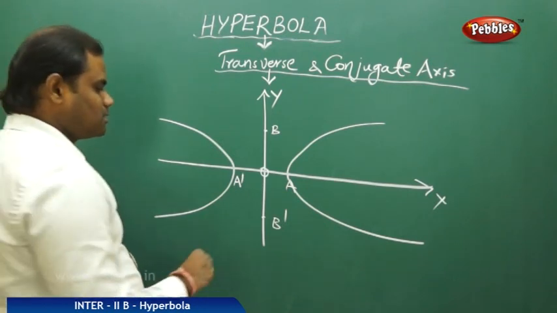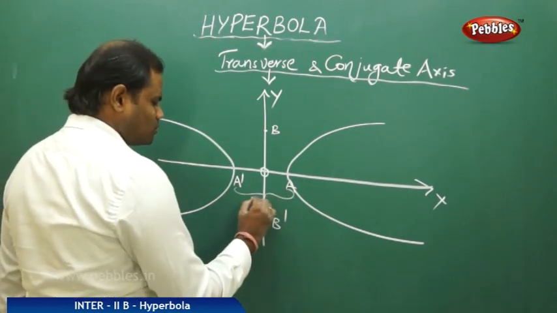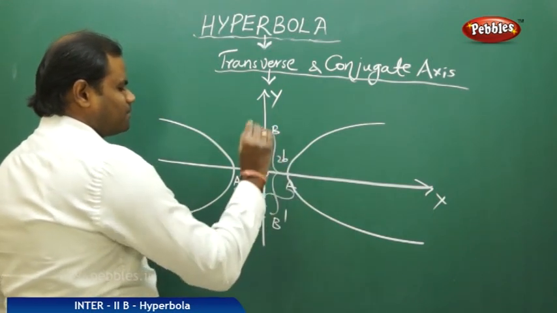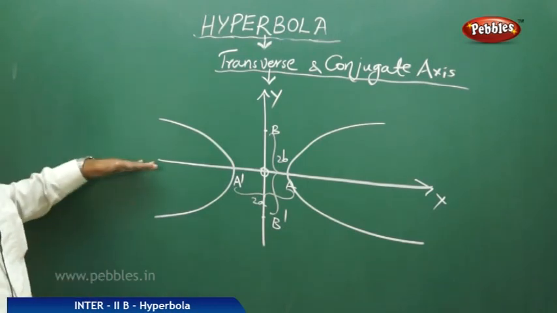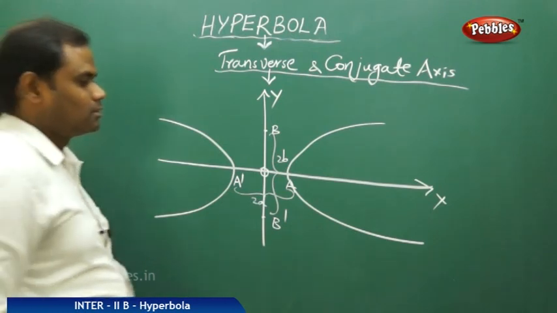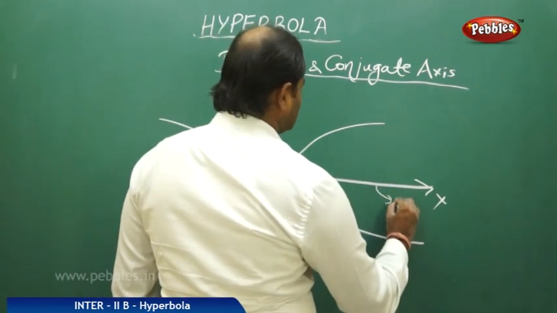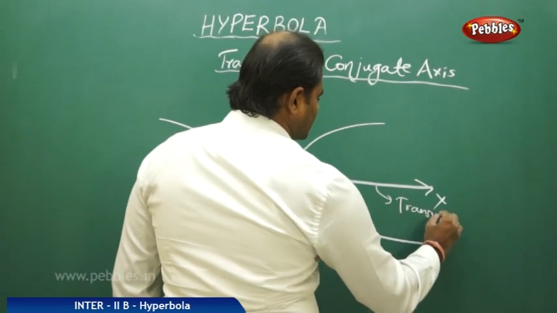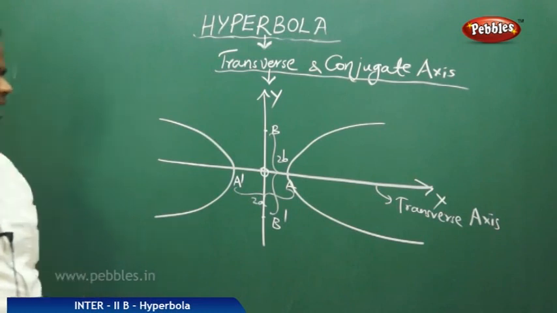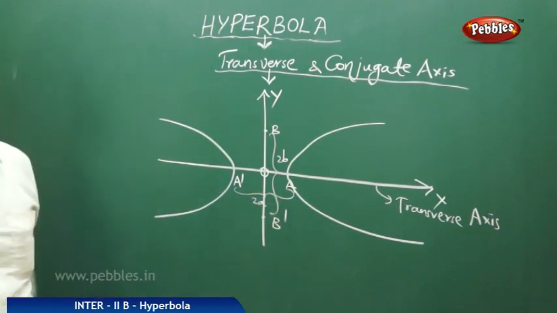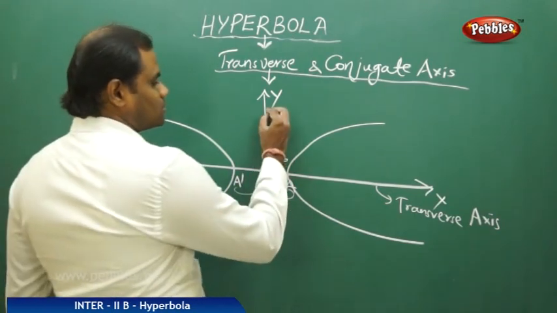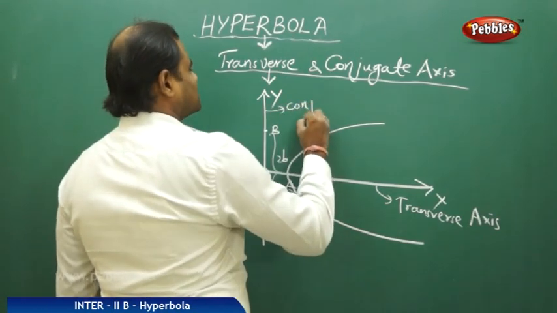Then the distance between A and A dash is 2A and the distance between B and B dash is 2B. The line which consists of A and A dash is called the transverse axis, because this axis passes through A and A dash, and the line which passes through B and B dash is called the conjugate axis.